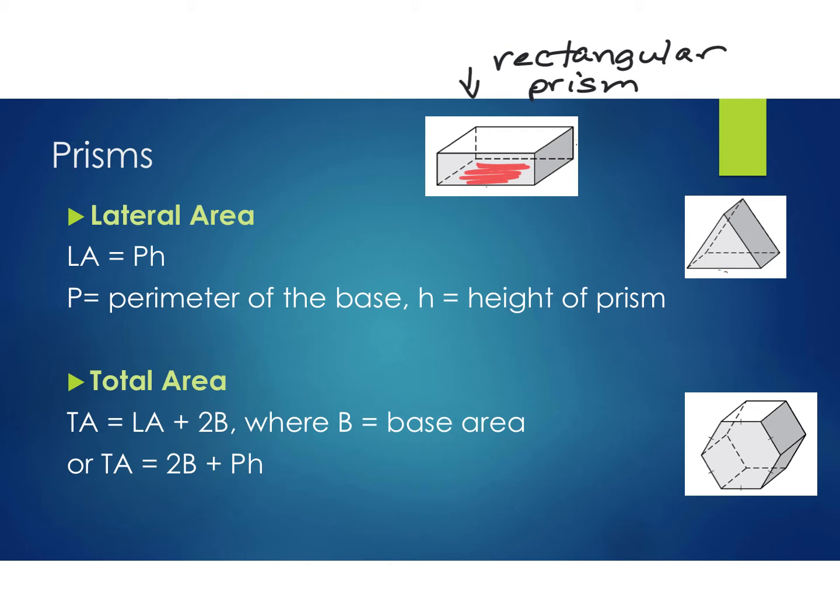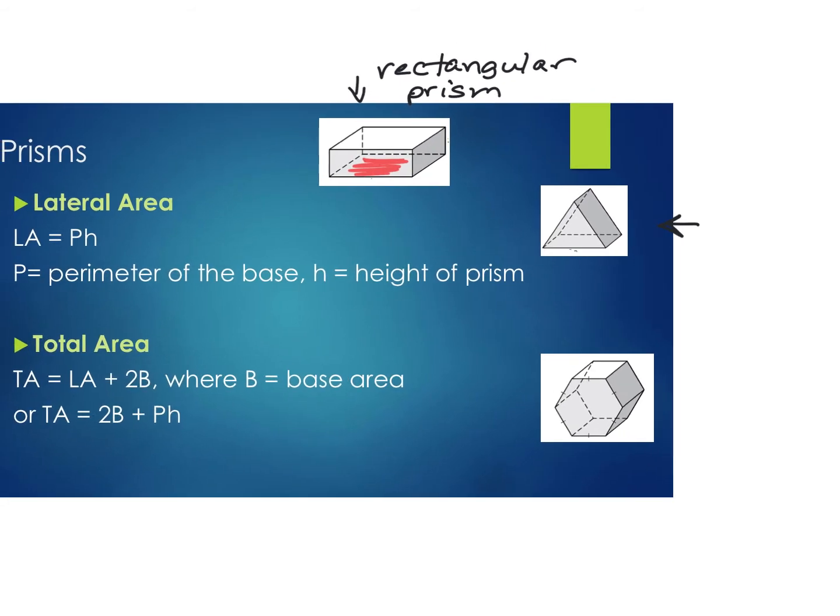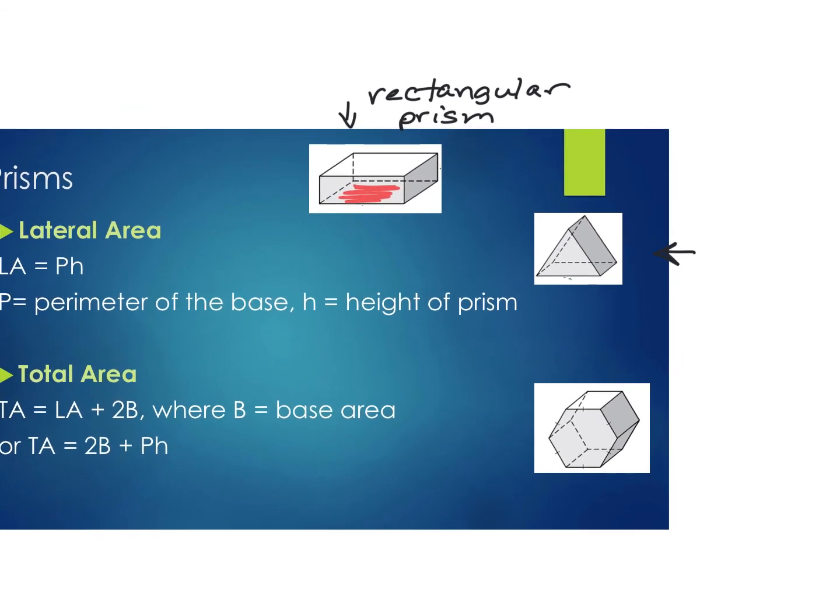But you could have also named the base to be either the left side or the right side, or the top and the bottom, or the front and the back. This figure over here is not sitting on its base, but the shape that you have two congruent figures of, we have two congruent triangles and then 3 congruent parallelograms, which would make this a triangular prism.